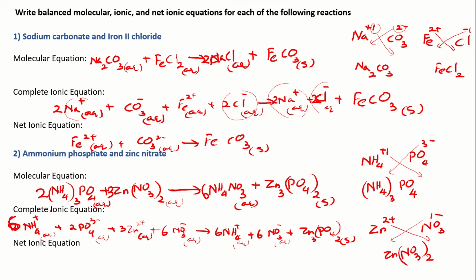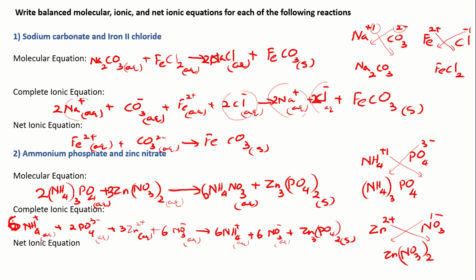Alright. For the complete ionic equation, consider the total number of ions as well. When you break down, dissociating ammonium phosphate, consider how many ammonium ions will be released. 2 into 3, you end up with 6 ammonium ions. However, you end up only with 2 phosphates. Why? You can see that 2 into 3, you have 6 negatives here.